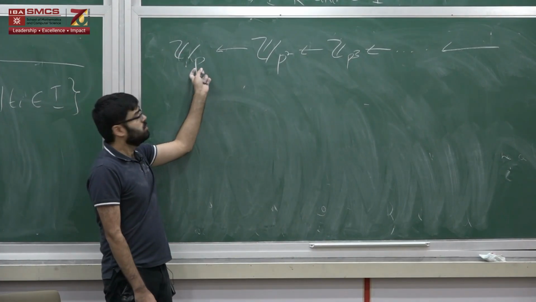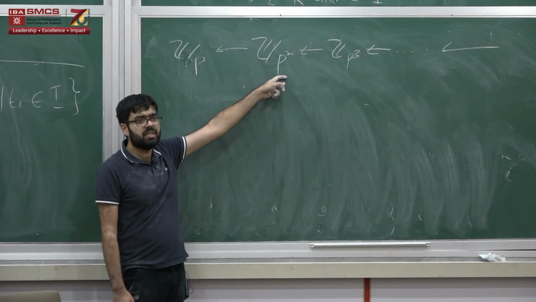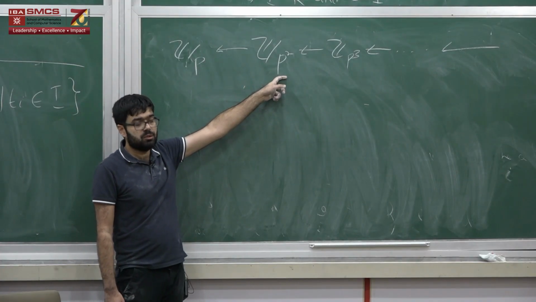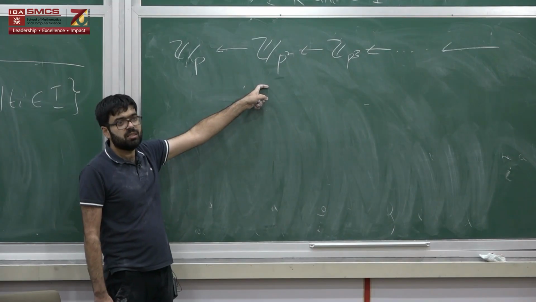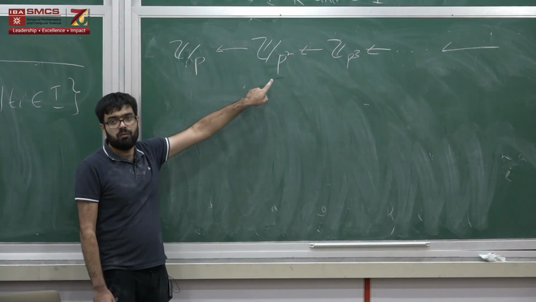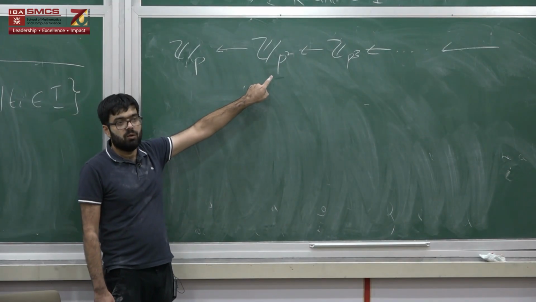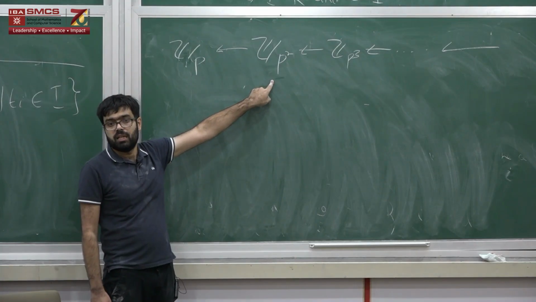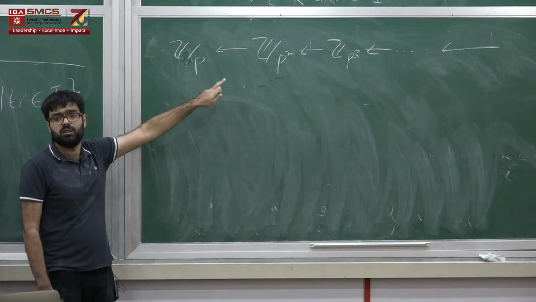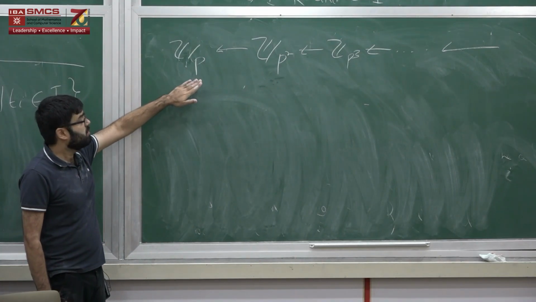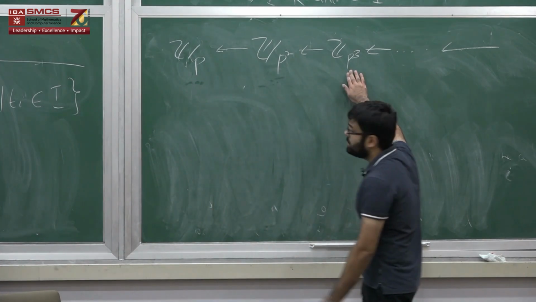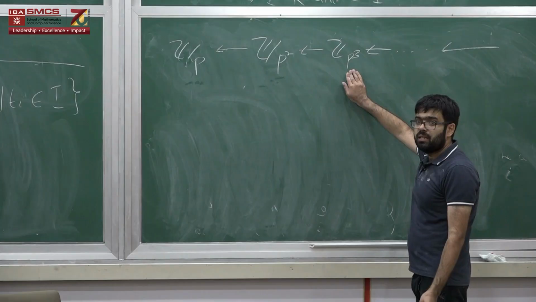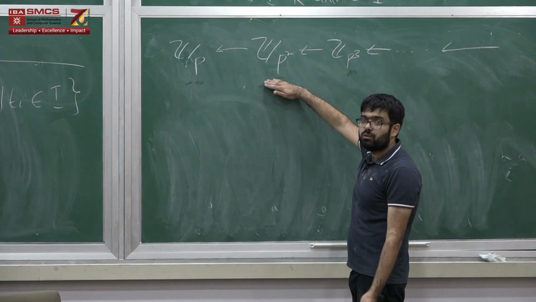And the elements here which reduce to non-zero elements here have the same distance, but the ones which do reduce to 0 here will have a distance which is 1 over p. So the 1 over p distance are exactly those which reduce to 0 here. Similarly, here the elements which have distance 1 over p square are those which reduce to 0 here.